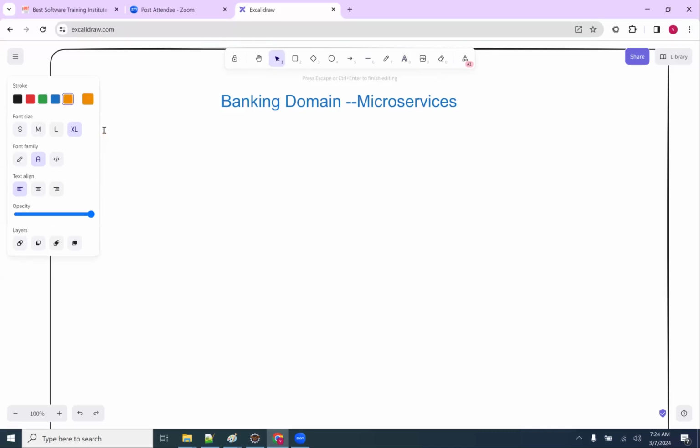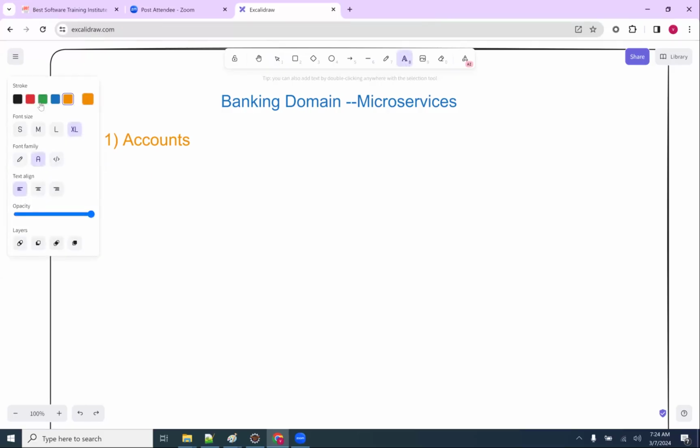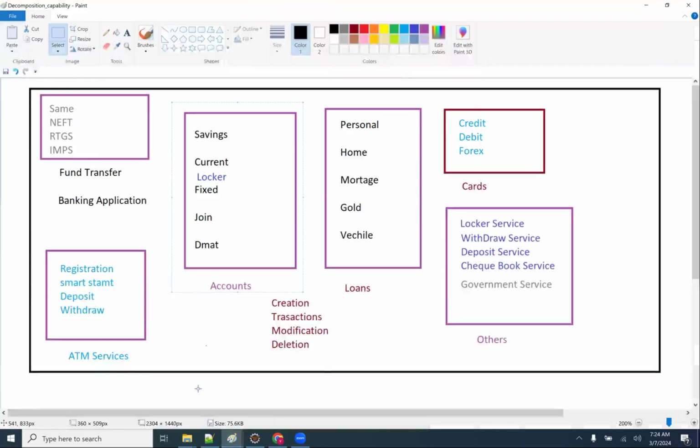So the first scenario, accounts. Sir, related to accounts, can I have an account service as separate, savings account as a separate service, current account as a separate service, joint account as a separate service, fixed deposit as a separate service, locker as a separate service, demat as a separate service?